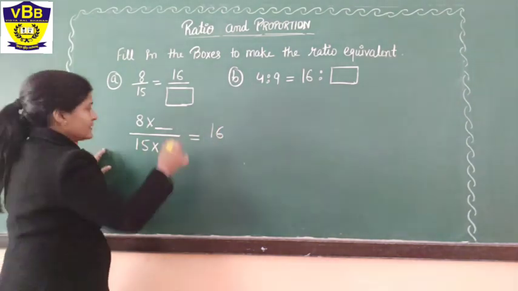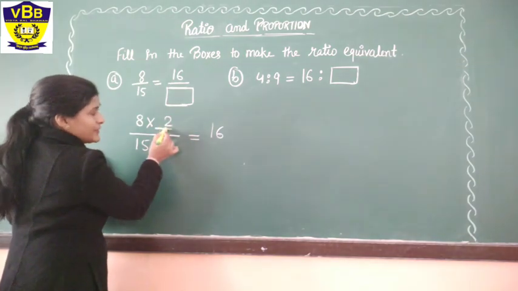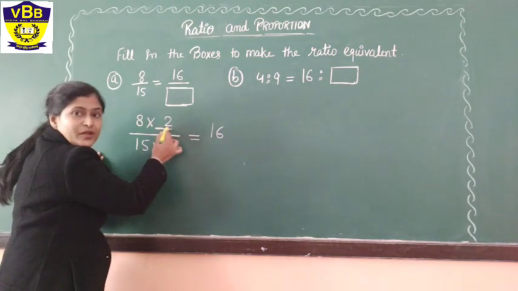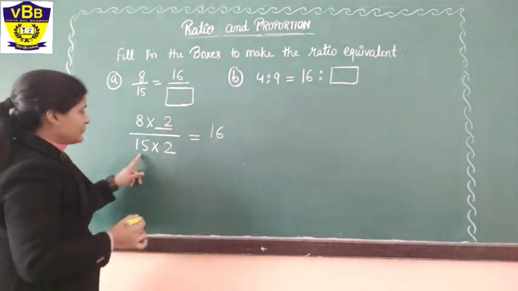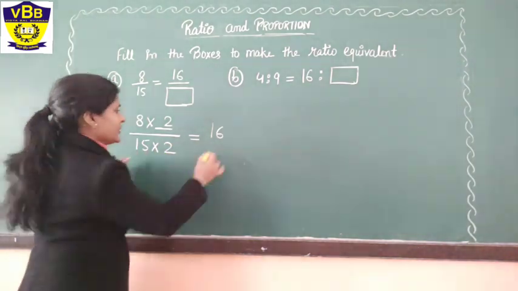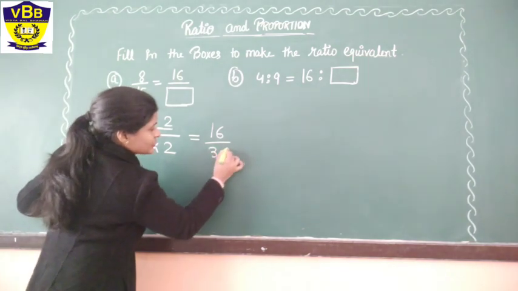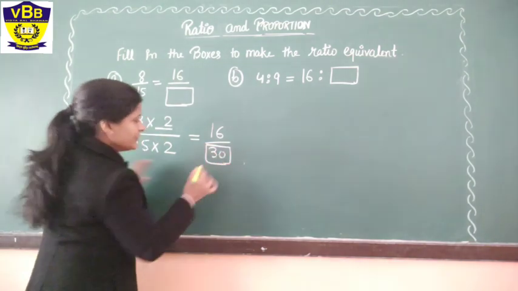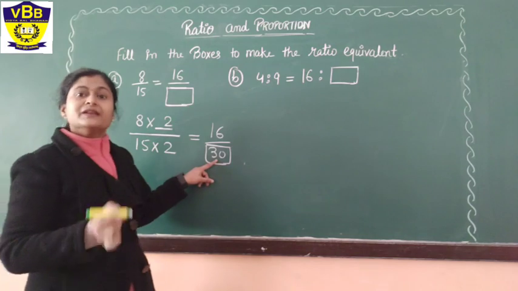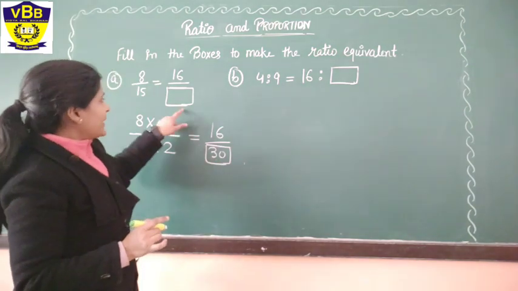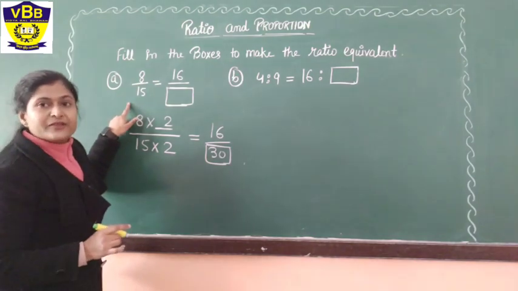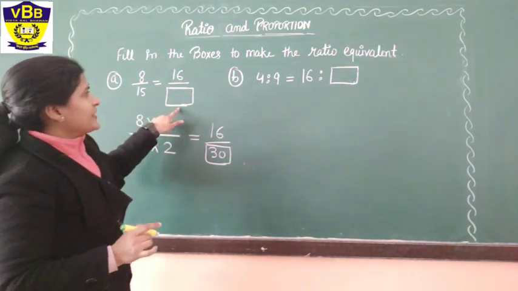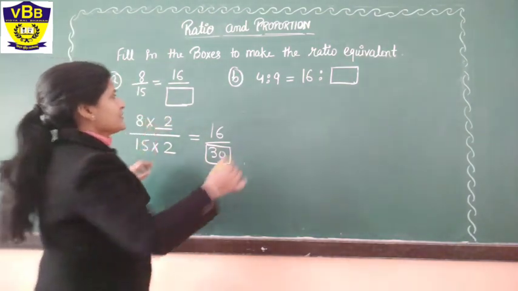We know very well it is multiplied by 2. When we multiply by 2 in the numerator, we do the same in the denominator also. 15 into 2, we will get 30. So the box is filled with 30. The number will be 30. So 8 by 15 and 16 by 30 are equivalent ratios.